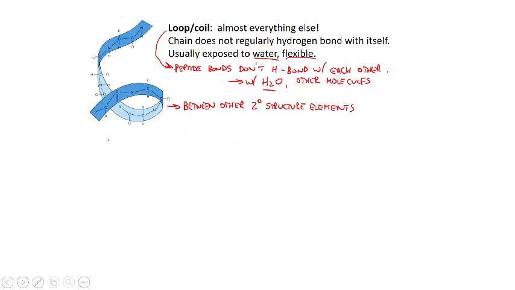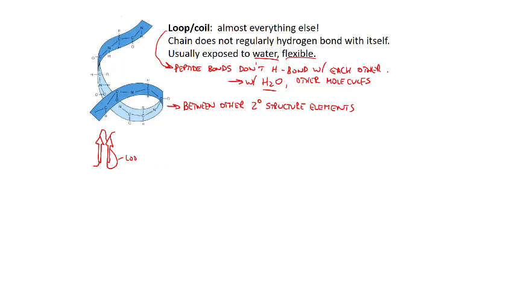Another time you'll often see loops is between different strands of a beta sheet. So for example, if we have a parallel beta sheet, as I mentioned earlier, once our chain comes out that beta strand, it has to go somewhere in order to form this other strand. And so what often happens is it'll sort of loop back behind and come out the top like that.